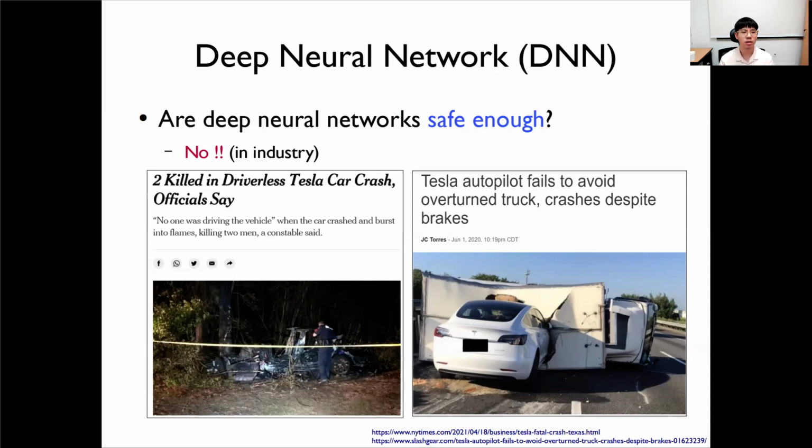I brought some recent articles about self-driving car accidents. For example, the article on the right, from last year, reported that the Tesla Autopilot failed to avoid an overturned truck even though the driver hit the brake.